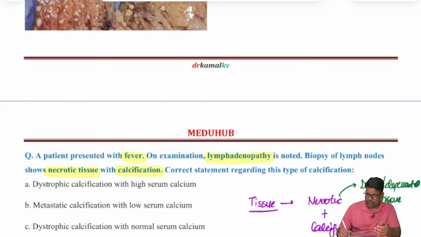And we know that in dystrophic calcification, the serum calcium levels are normal. It is the tissue which is dead, dying or degenerated, and the serum calcium levels are normal. This is the classical presentation of dystrophic calcification.